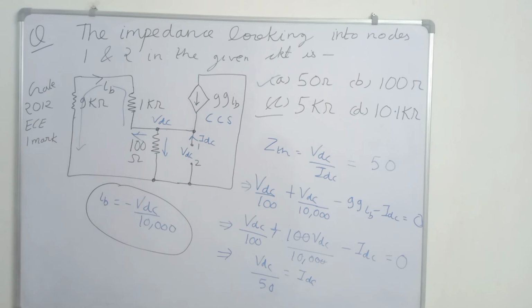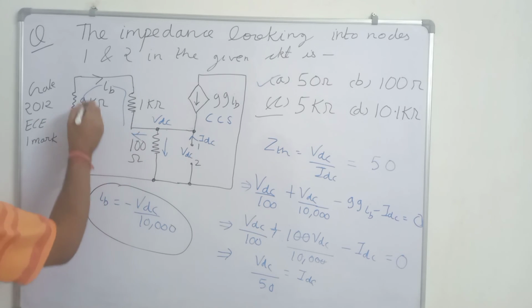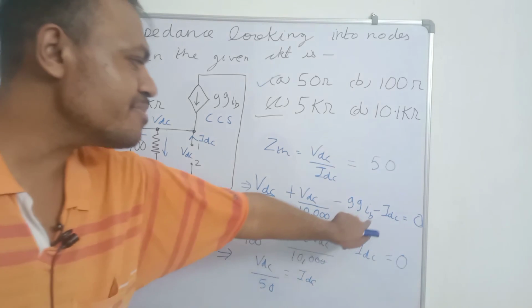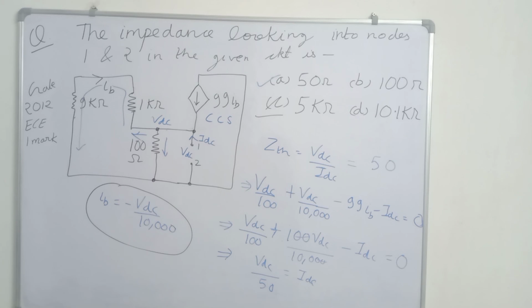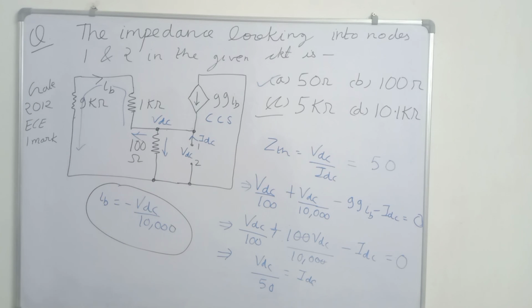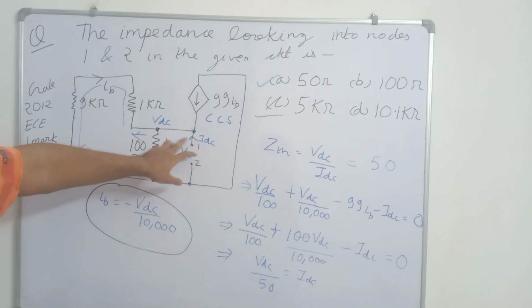This current was flowing in this direction as the outgoing current, and IB is the incoming current, so both directions are opposite, and I have taken the minus sign. When you substitute this value of IB here, it becomes a very easy equation to solve. This was an easy question, but the only thing to remember is that if the circuit consists of only dependent sources, then we have to apply a voltage at the terminals, nodes 1 and 2.